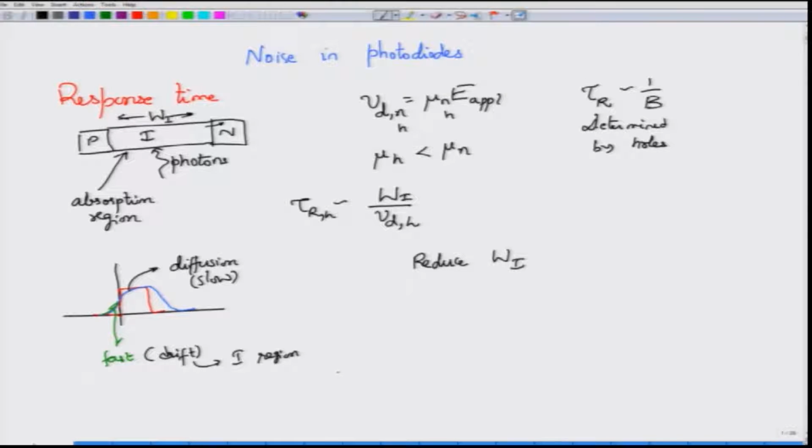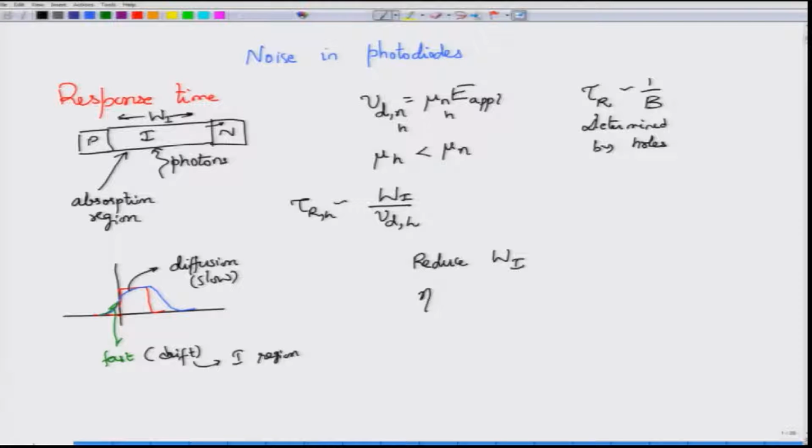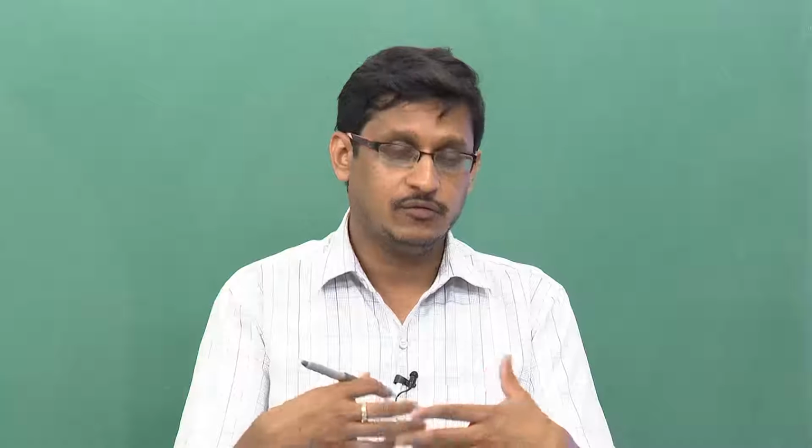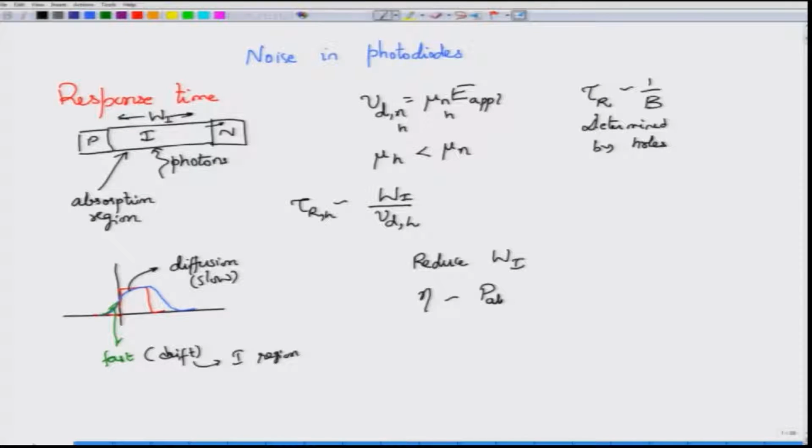But remember, Wi makes a major appearance in defining the external quantum efficiency, which is defined as the rate at which photocarriers are generated to the rate at which photons are incident, and depends on how much optical power is absorbed. But this optical power that is absorbed depends on the width of the intrinsic region, because the absorbed power is proportional to e to the power minus alpha Wi, where alpha is the absorption coefficient of the material.